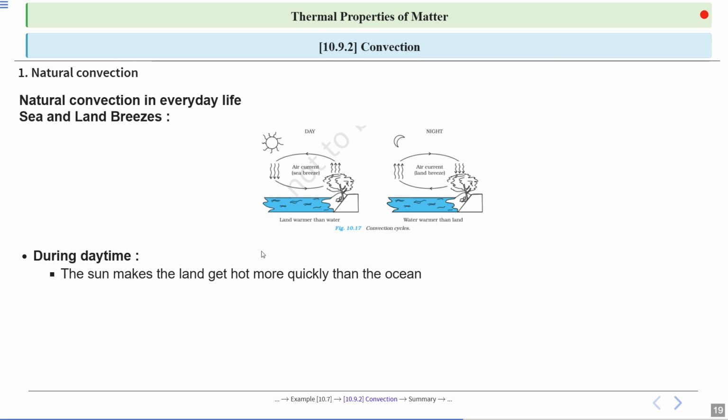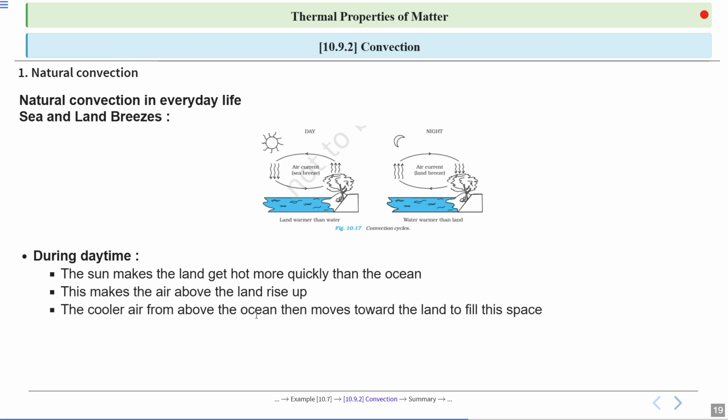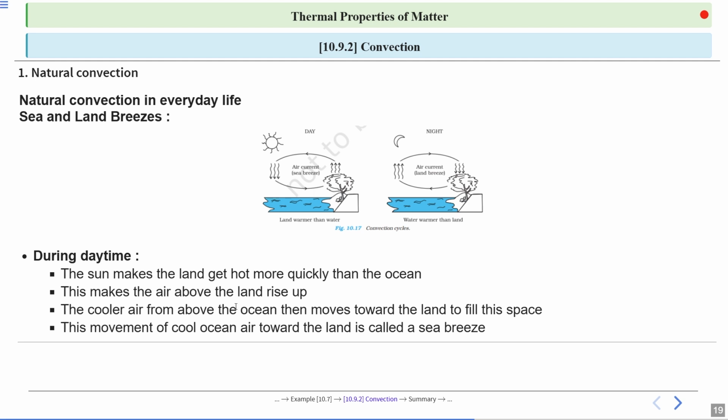Here we can say the sun heats the land more quickly than the ocean. This makes air above the land rise up. The cooler air from above the ocean then moves towards the land and fills the space.